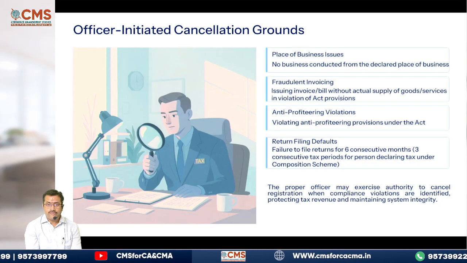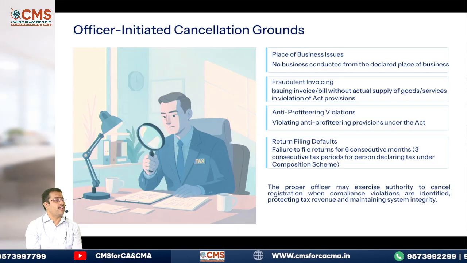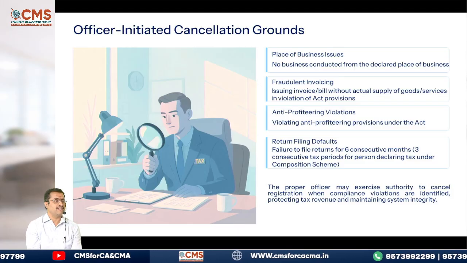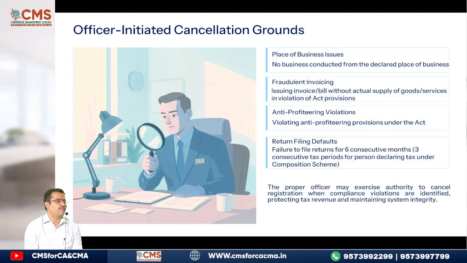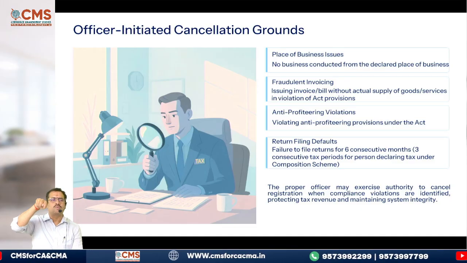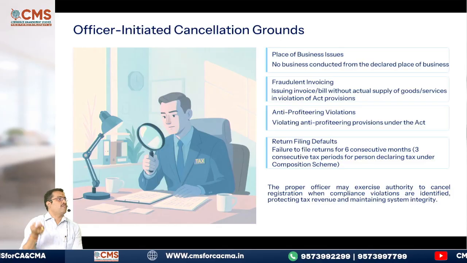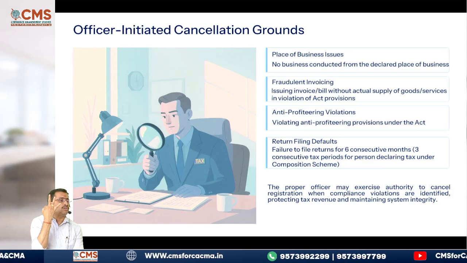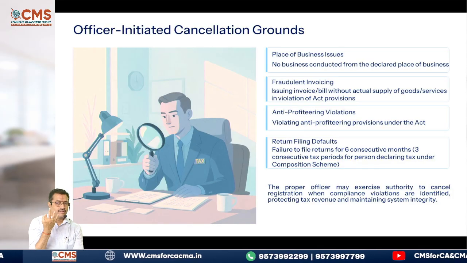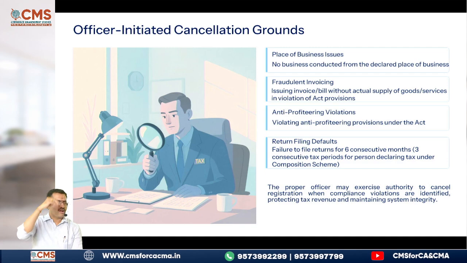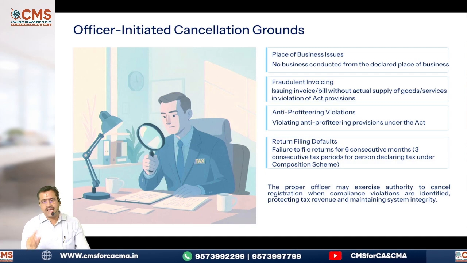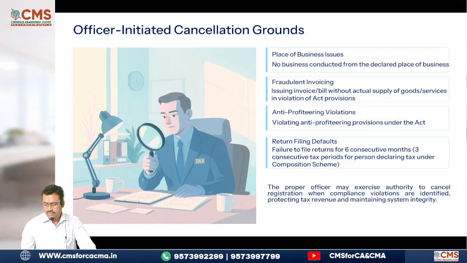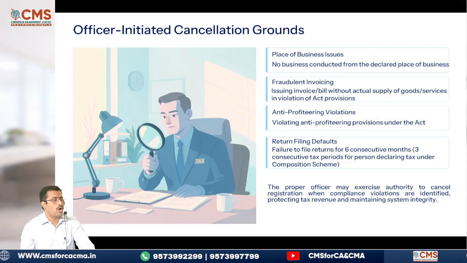If you charge any unreasonable profit in the name of GST, that will be called anti-profiteering. Then lastly, return filing defaults. If you fail to file the return for 6 consecutive months, or if you have taken it on a quarterly basis, 3 consecutive tax periods. Consecutive means continuous. If you are not filing, over, finished. He will cancel the registration. But before cancellation, what I told? He should issue a show cause notice.